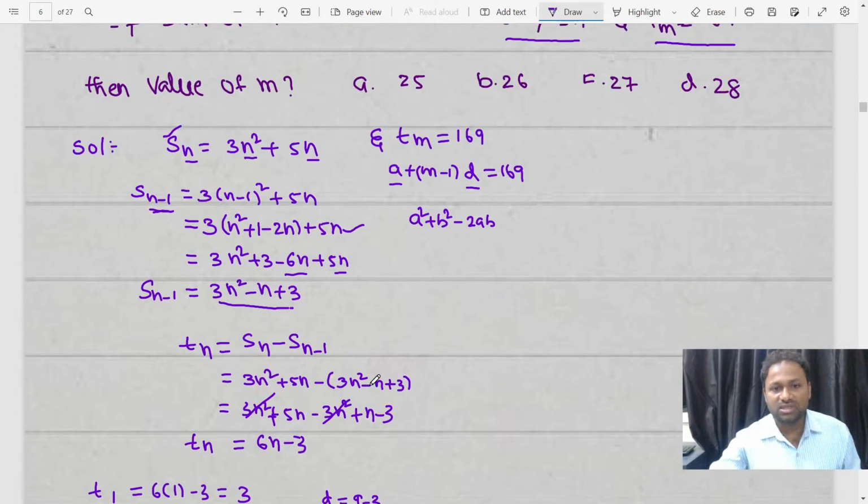In the question, what was asked? The first term, what is the value of m? So I can substitute here. A means first term.